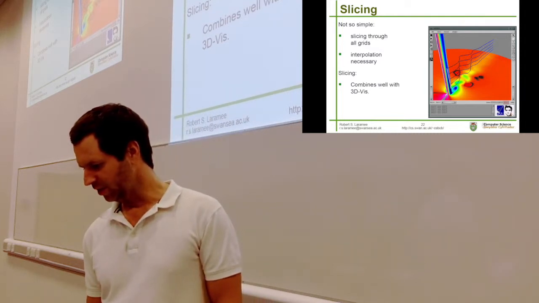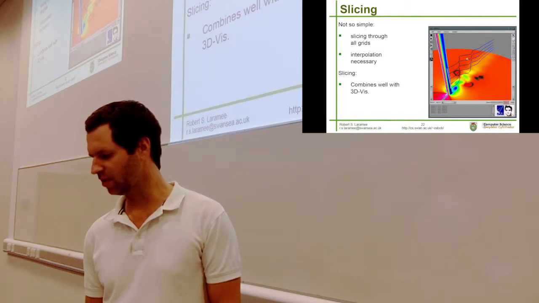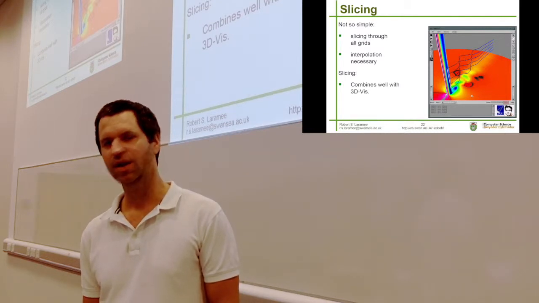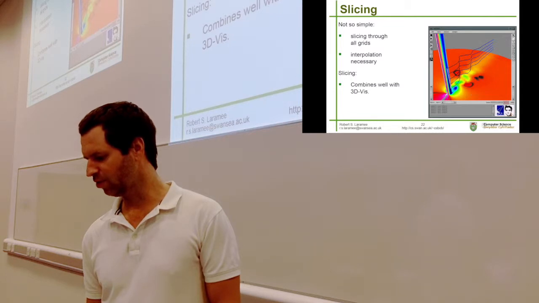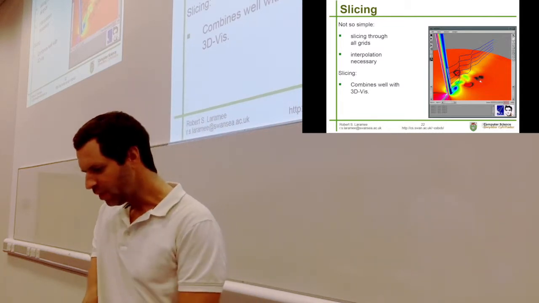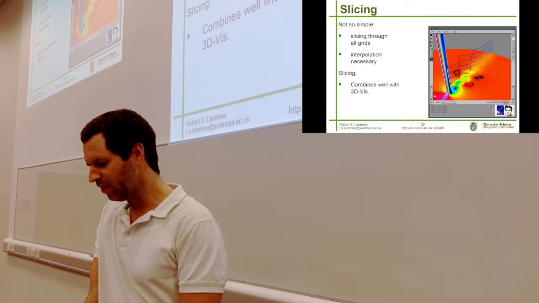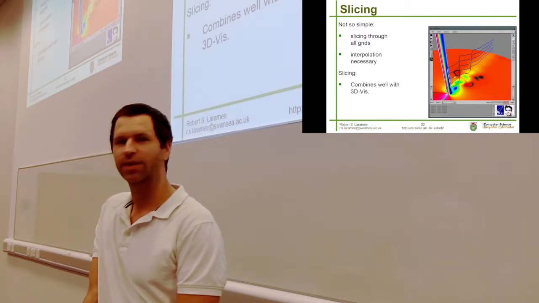What we're seeing, this is a cylinder, and what we're seeing is a slice here. This orange sort of plane is a slice, so that's an example of slicing. And it's a slice through a flow data set, actually. So this is a cylinder, and then there's fluid flow moving from this side of the cylinder to the other side.